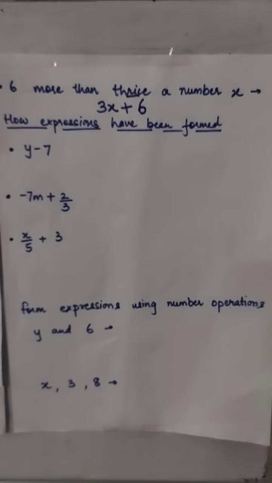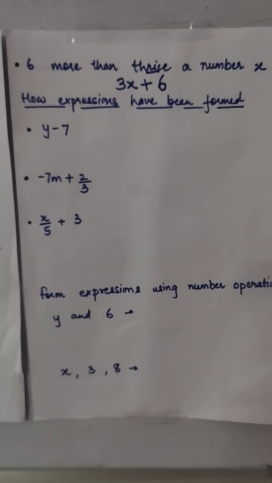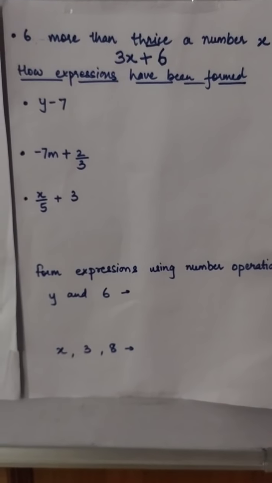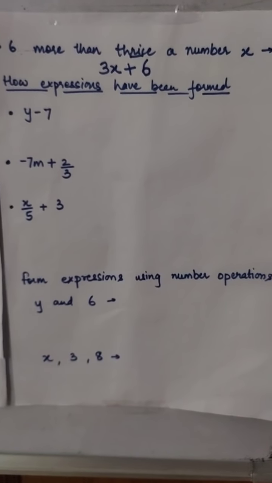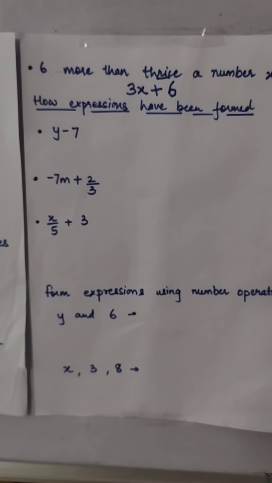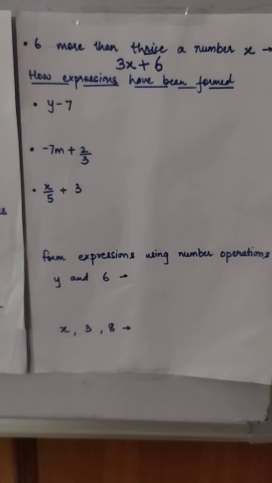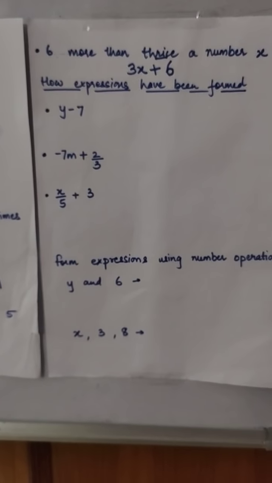Now in these cases, the statements were written, and then with the help of the keywords, we wrote the algebraic expression. Now if the expression is given, how do we write it in the form of a statement? We can do vice versa also.